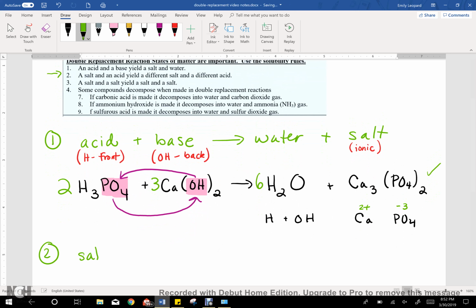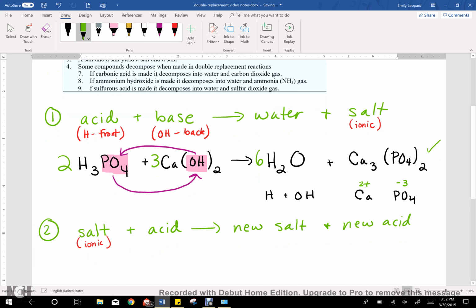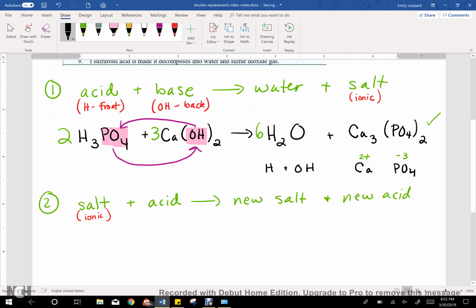So if we start with the salt, which again is just an ionic compound, so metal and nonmetal, and we combine it with an acid, we should create a new salt and a new acid. Okay, so let's just pretend that our salt is lithium chloride.